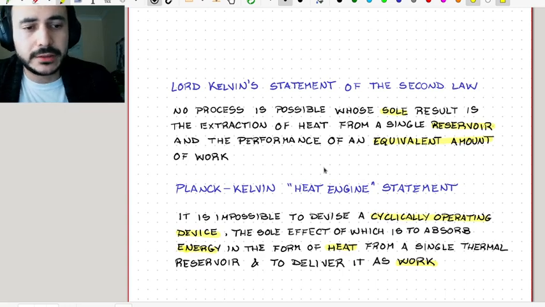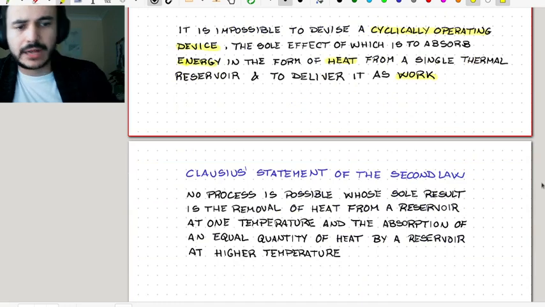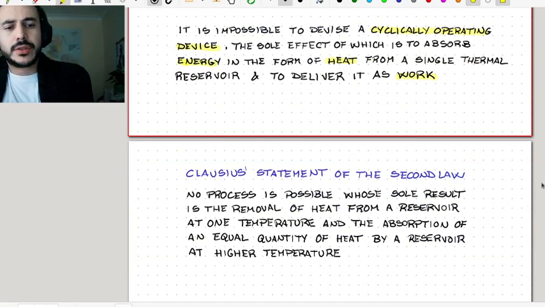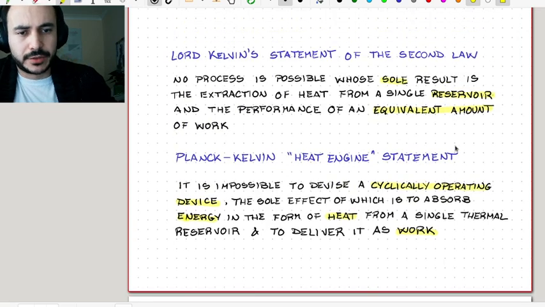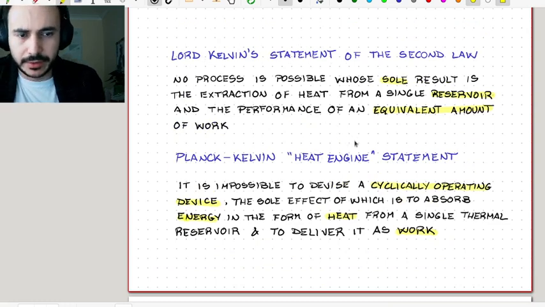So then there is the other statement that I wanted to introduce, which is Clausius' statement. It looks really different. So actually, let me just make it clear, this Planck-Kelvin statement is really equivalent to Lord Kelvin's statement. It's the same thing directly. We don't have to prove its equivalence, it's just rewording of the same thing.